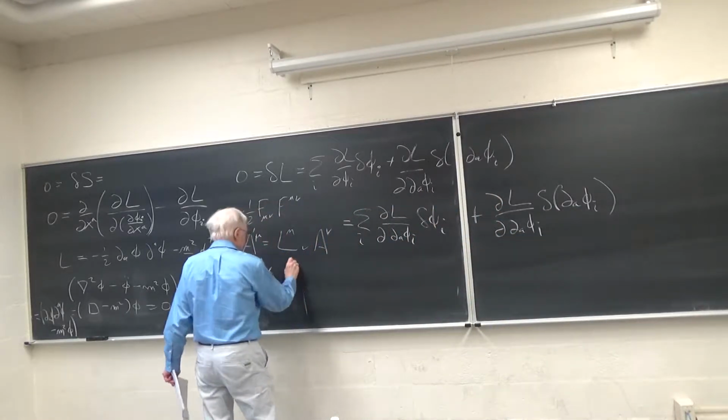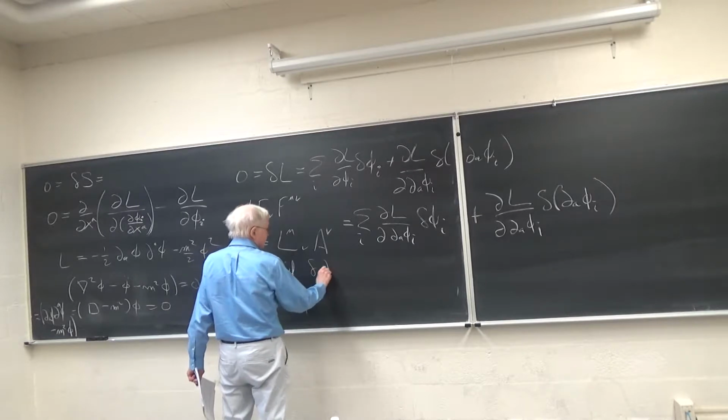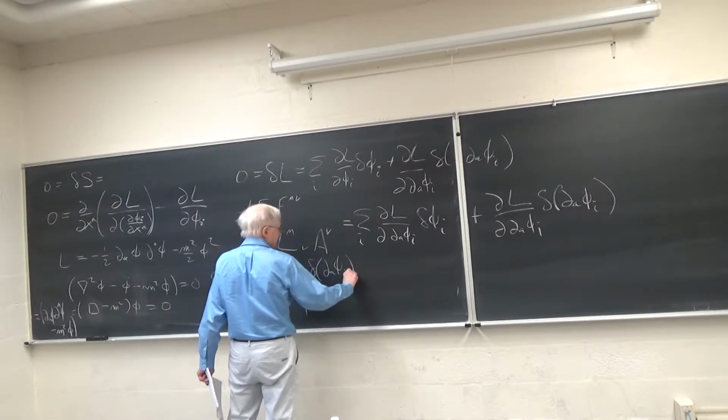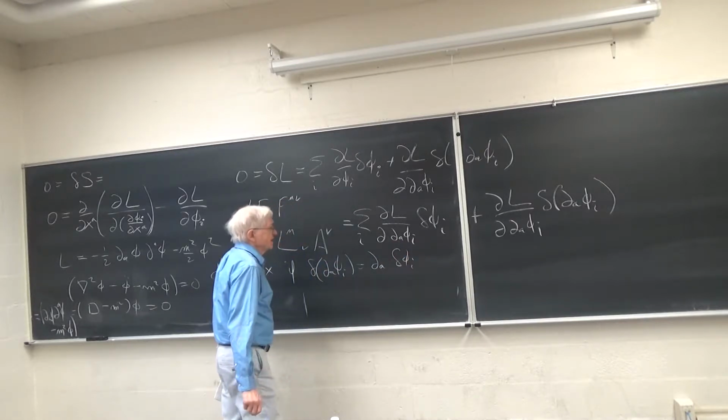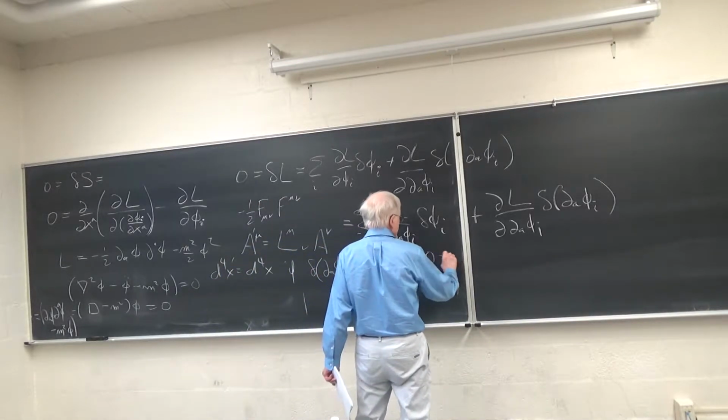And so if the change in the derivative is the derivative of the change, then what you have is 0 is a sum on I of d_A.